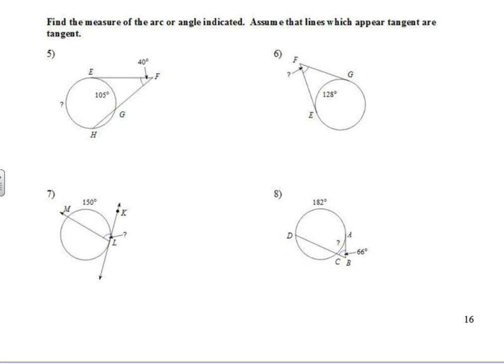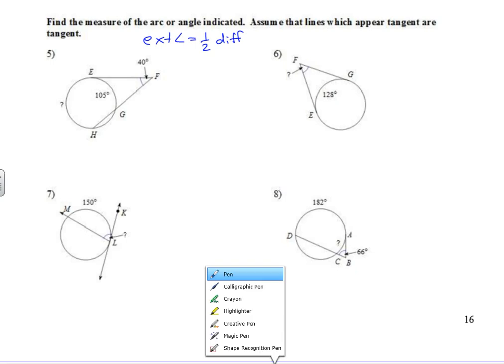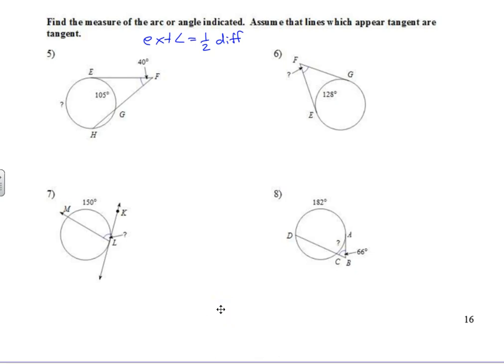Now, what do we have here? Well, we've got now an exterior angle. Okay, so we got an exterior angle, half the difference. It really does help if you have a highlighter or a couple highlighters with this to just highlight those different arcs and make your life a little bit easier.